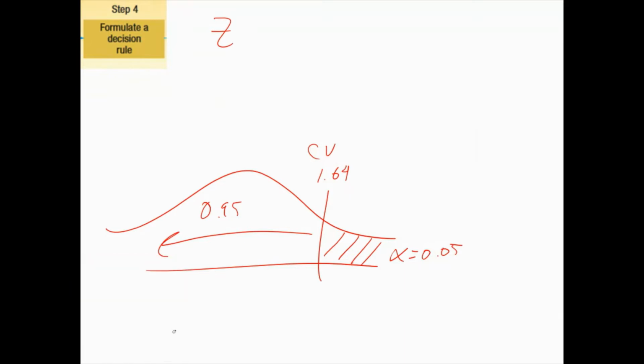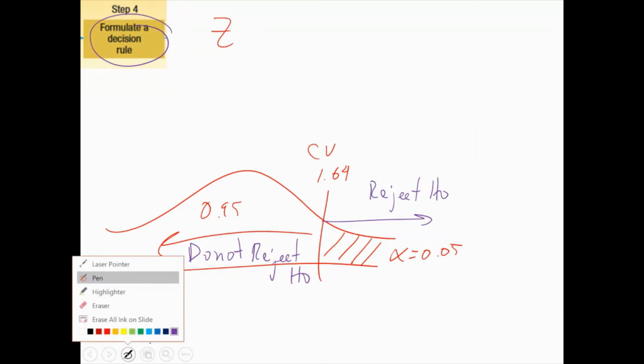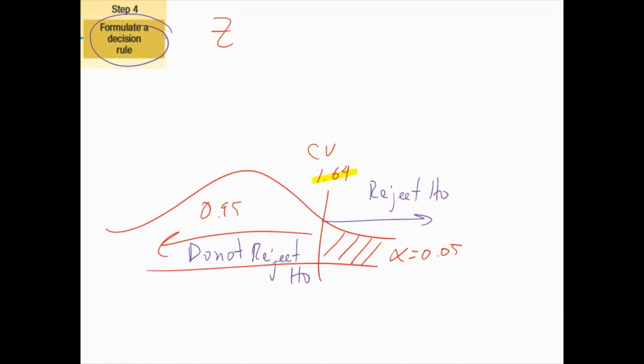This 1.64 separates the area of reject H0 from the do not reject H0. So formulating a decision rule means: what is the critical value that separates the areas of rejection versus no rejection?